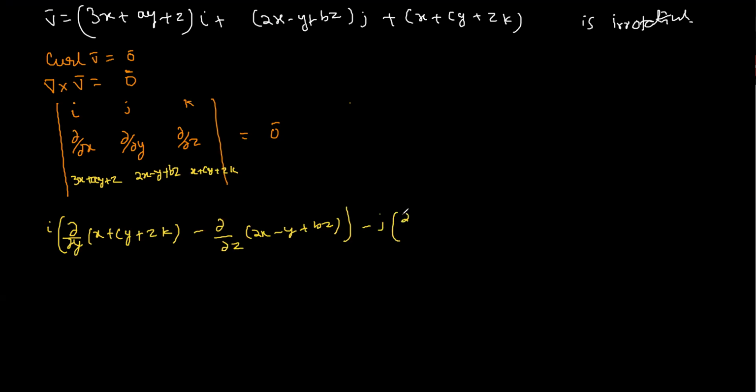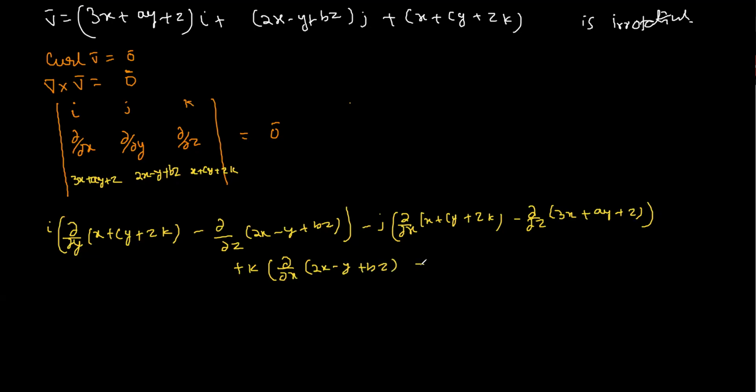Del dot (x plus cy plus z k cap) is equal to zero vector, right? Now see, when you differentiate with respect to y, you will get c.